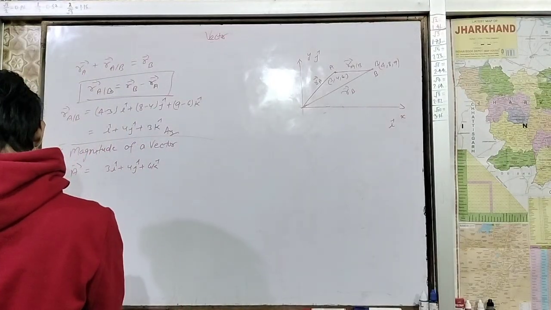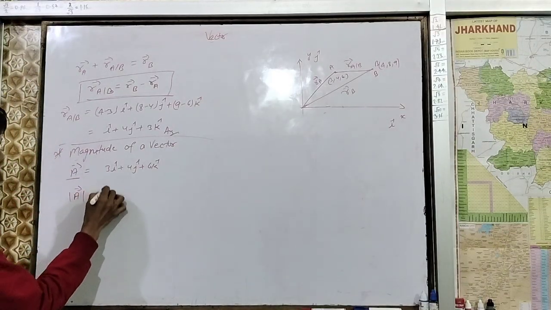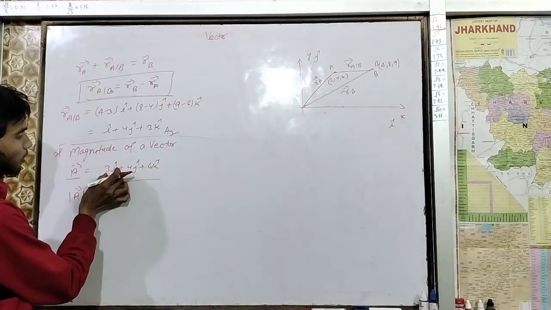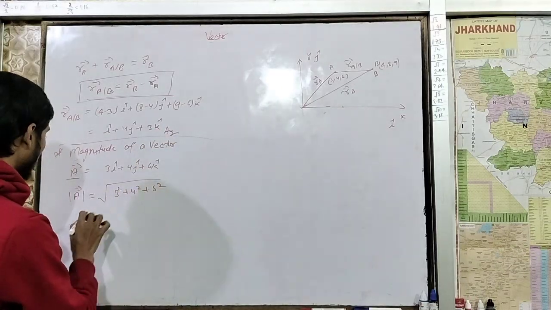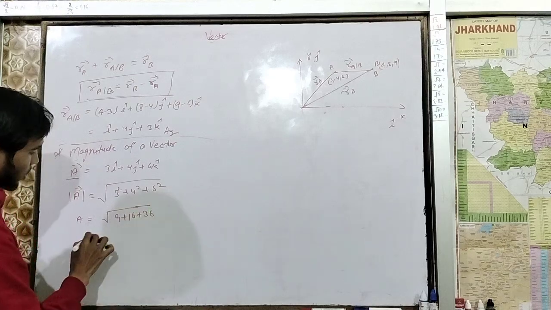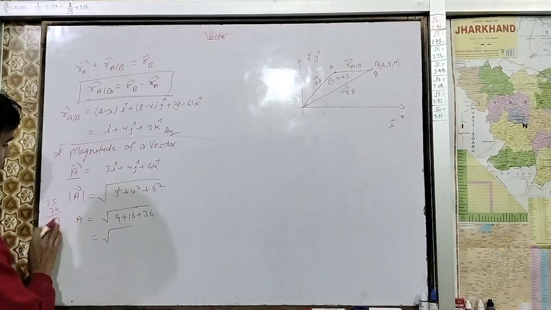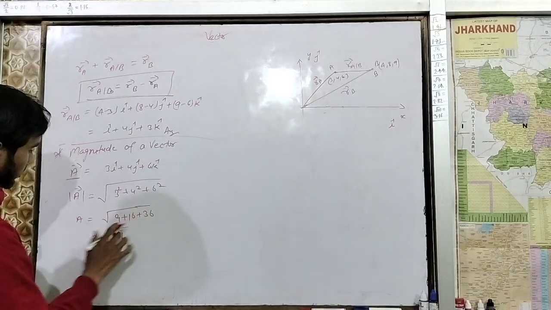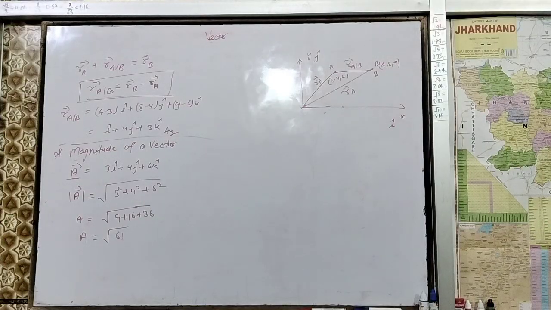For this we will use a simple formula. The magnitude of this would be the square root of the sum of the squares: 3 squared plus 4 squared plus 6 squared. 9, 16, 36: 9 plus 16 is 25, plus 36 is 61. So the magnitude is root 61.